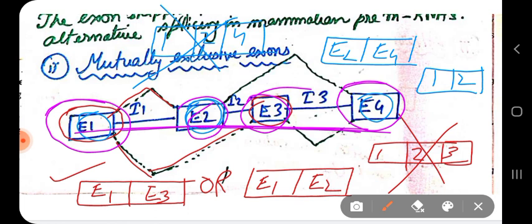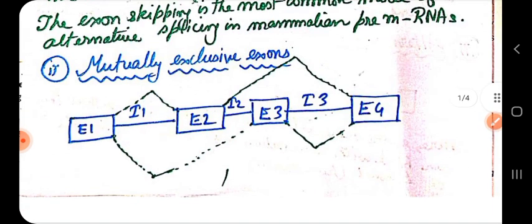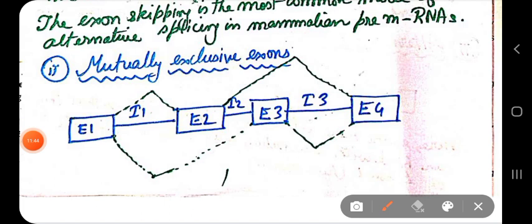So this is called mutually exclusive exons. Again I repeat, in mutually exclusive exons, one of the two exons will remain in the mRNA transcript after splicing, but not both.